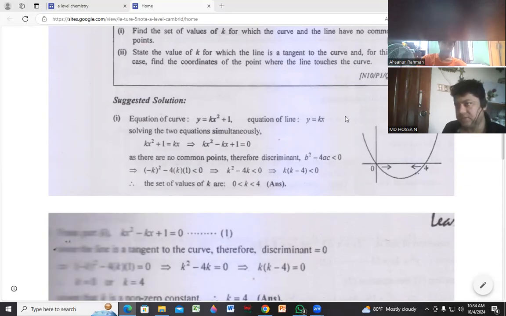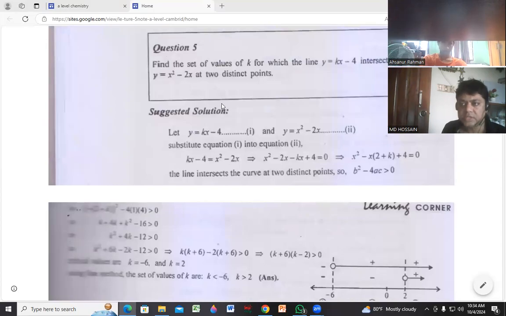Today's class is lecture 6, and we are discussing quadratic equations, which is a very important portion of the A-level mathematics program. In the final examination, there should be at least one set of questions from this chapter. The questions from the first-year question paper that we are discussing right now were set in a previous examination.